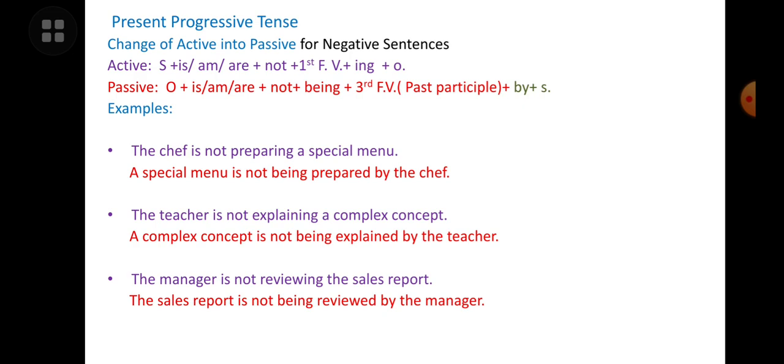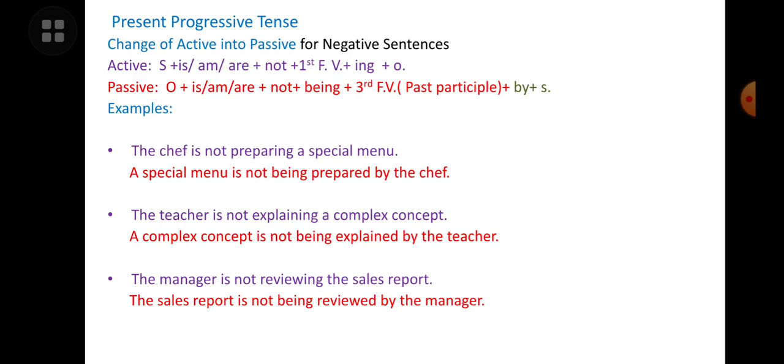Now change of active into passive voice for negative sentences when the tense is present progressive. In this case, the sentence structure of active voice is subject plus is, am, or are, plus not, plus first form of verb plus ing, plus object.